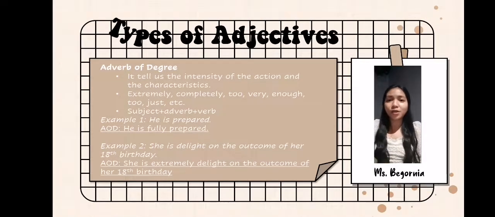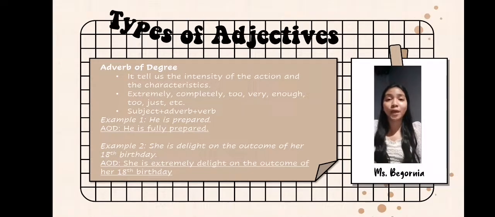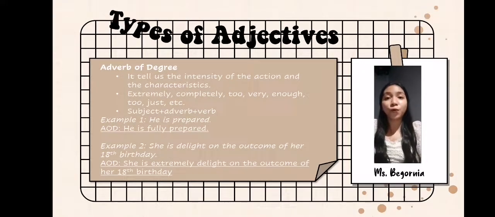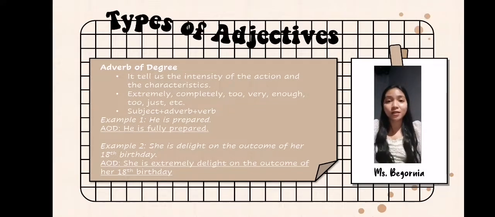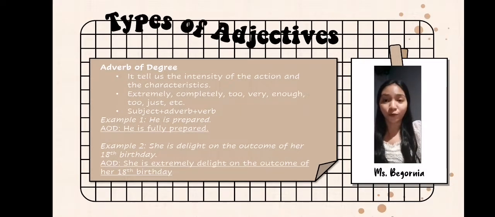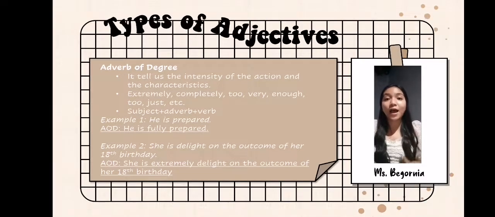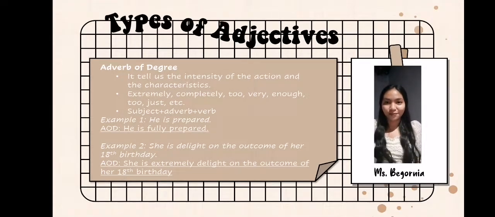So, here is the new construction of the sentence to make it adverb of degree. He is fully prepared. What did you notice? So, you add fully in the middle of the sentence so that the sentence will be adverb of degree. It means, ibig sabihin, prepared, handang-handa siya sa isang bagay.